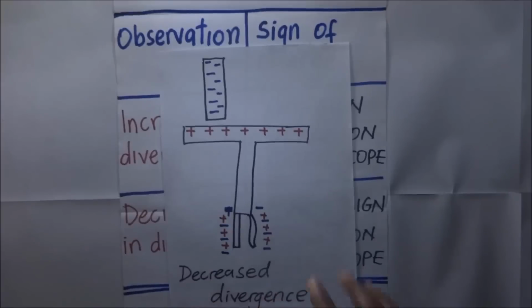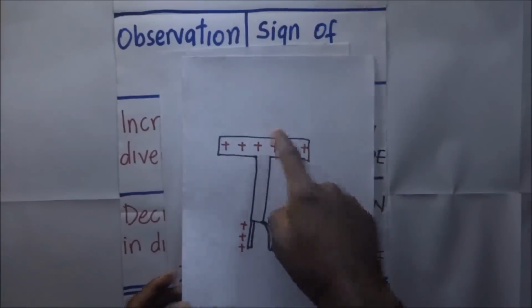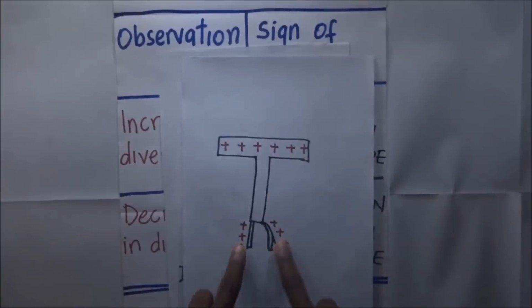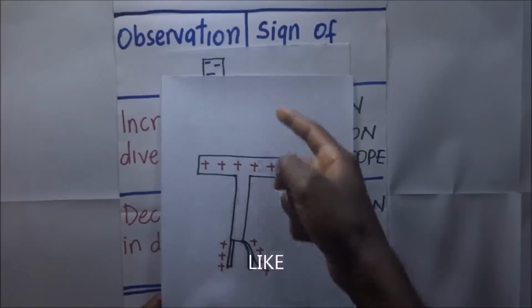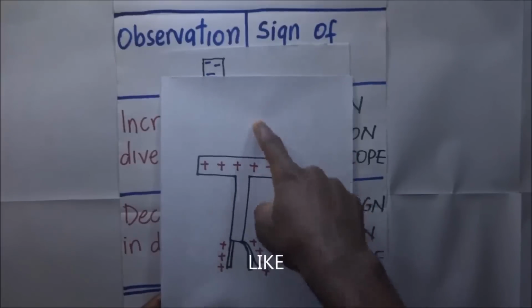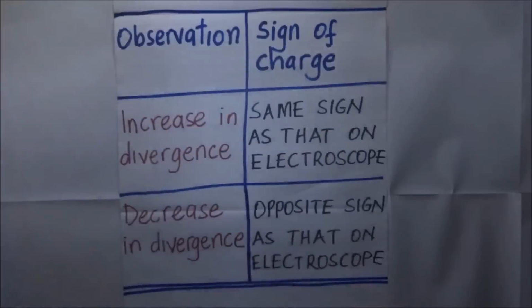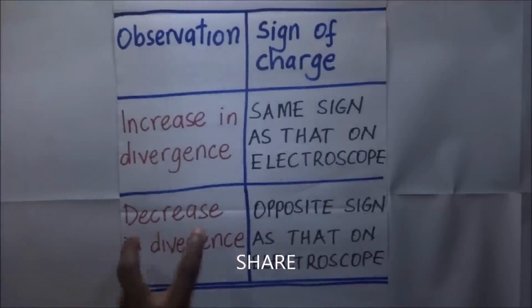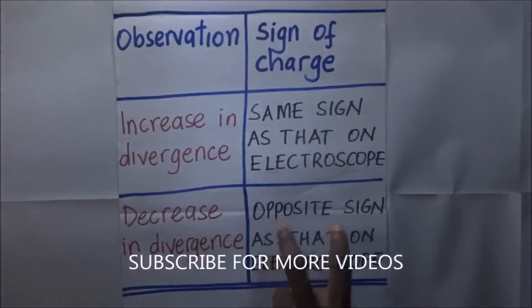It means that if you have a positively charged gold leaf electroscope and you introduce a body whose charge you do not know, and the observation is that the divergence decreases, then whatever body you have introduced has a charge whose sign is opposite to the sign of the gold leaf electroscope. And that explains our second assertion, that a decrease in divergence means that the sign of the charge on top of the cap is the opposite sign to that on the electroscope.